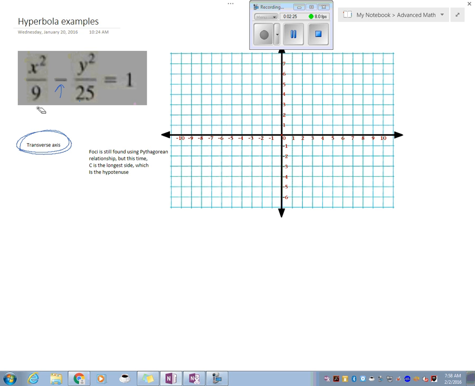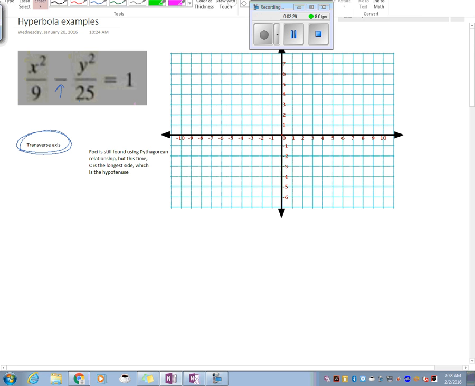So the A in this case is 3, and it's under the x, so I'm just going to count out 3. This is where my transverse axis is. What's the center of this one? 0, 0. So it follows the same guidelines as the circle and the ellipse, and even the parabola, which we haven't made it to yet.